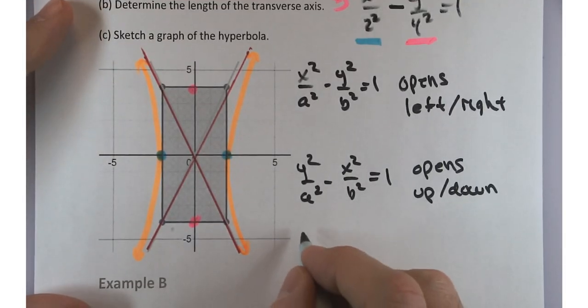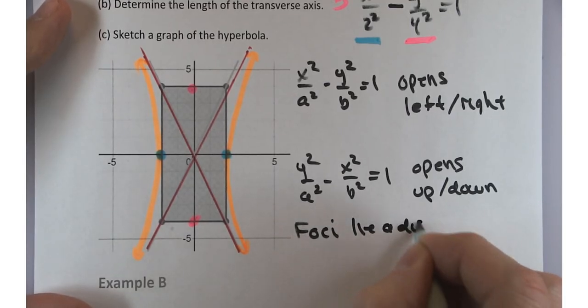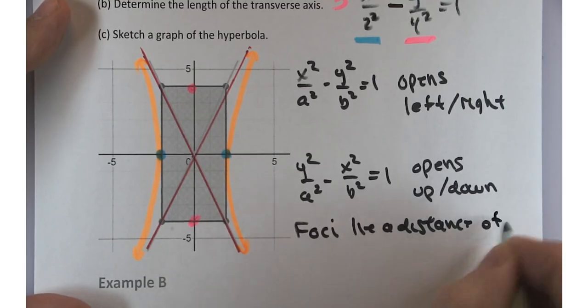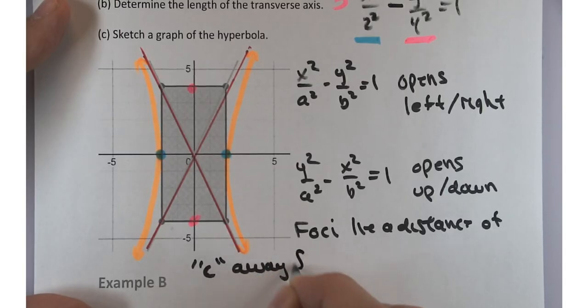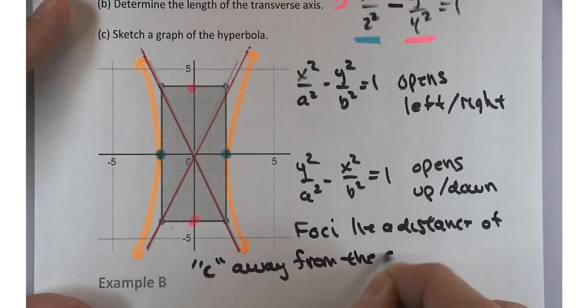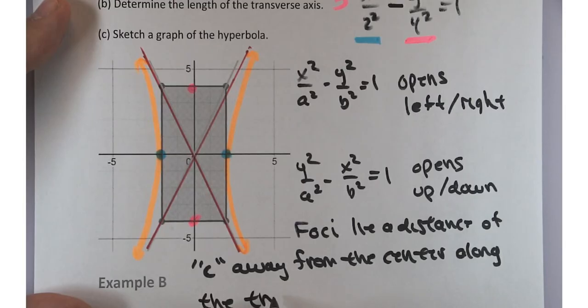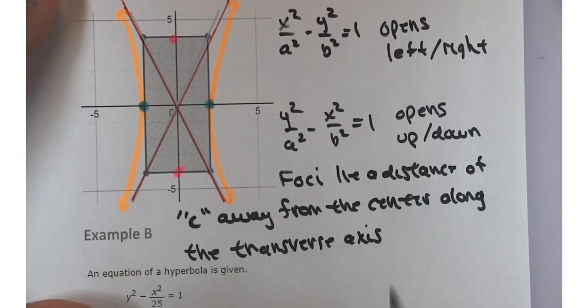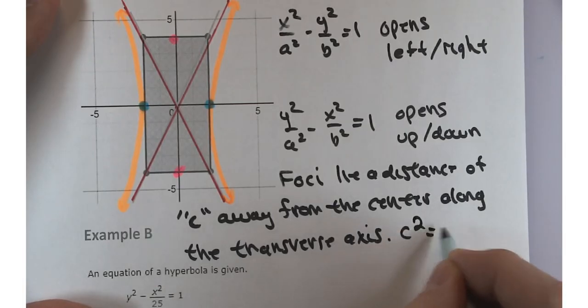The foci are going to lie a distance of C away from the center along the transverse axis. Now what's C? How are you going to calculate C? C is going to be calculated from C squared equals A squared plus B squared.